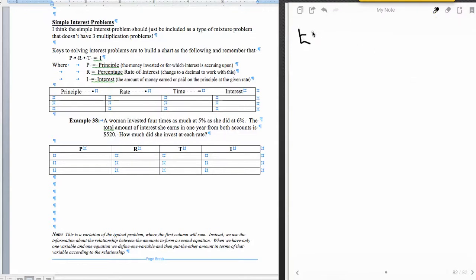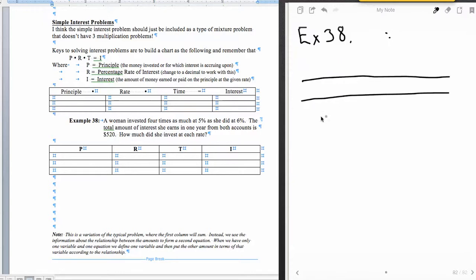In example number 38, we say a woman invested 4 times as much at 5% as she did at 6%. Well, you're seeing in these also some translation like we came across way back when, maybe in section 1.1 through 1.4, and so we have those to deal with in this.